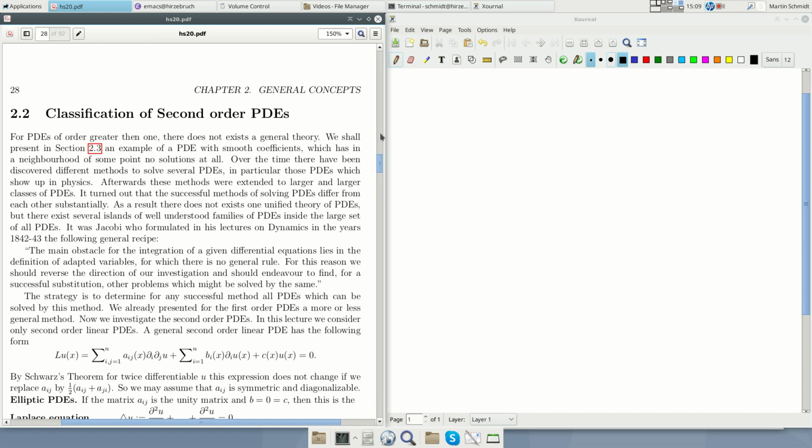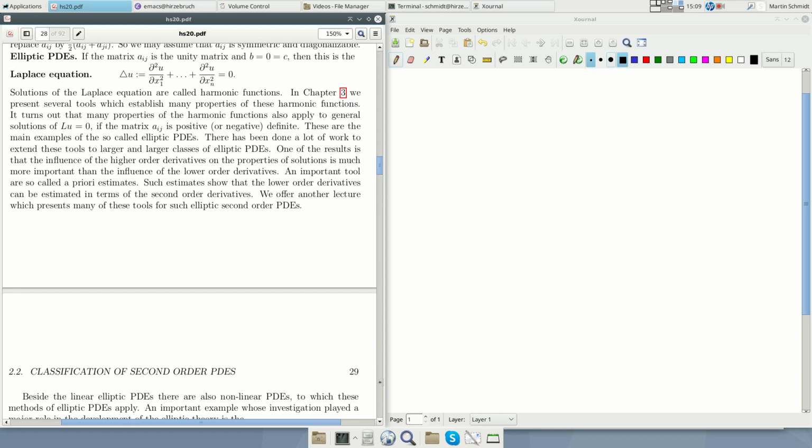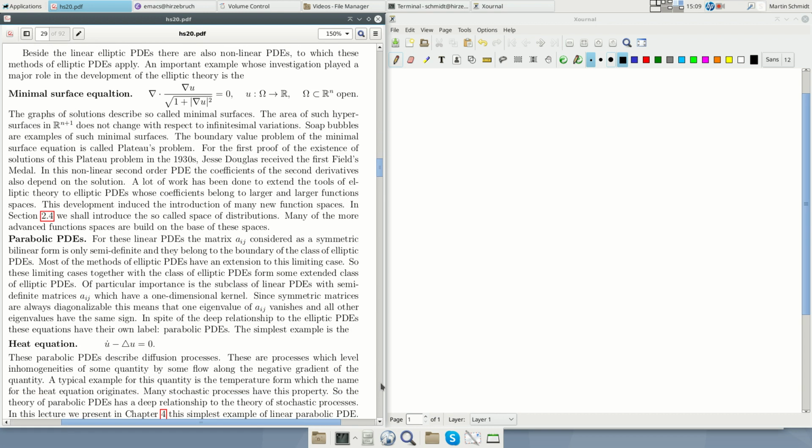Now, a limiting case is of course that A is semi-definite. This means it has a non-trivial kernel, it has eigenvalue 0, but the eigenvalues which are non-zero all have the same sign. This we call semi-definite. This is of course a limiting case, and the corresponding PDEs are called parabolic.